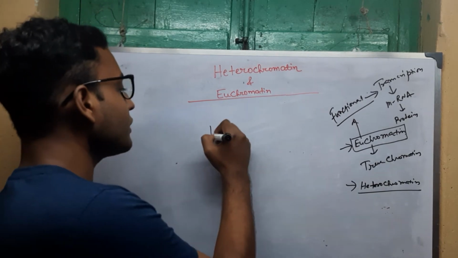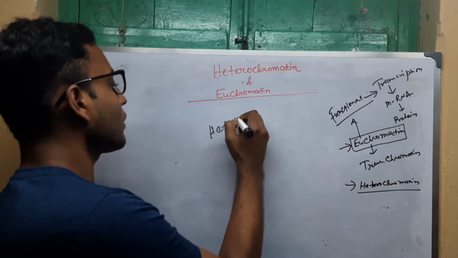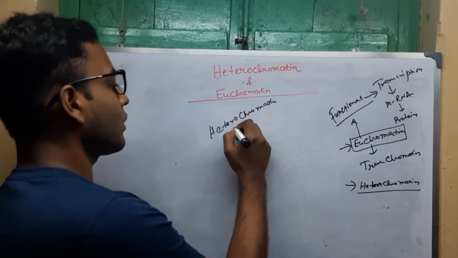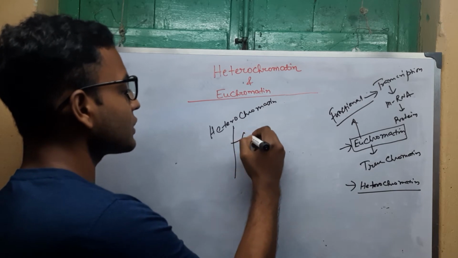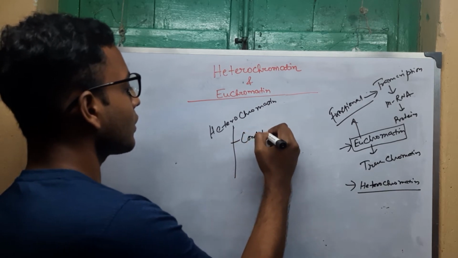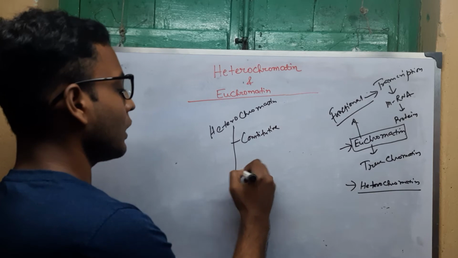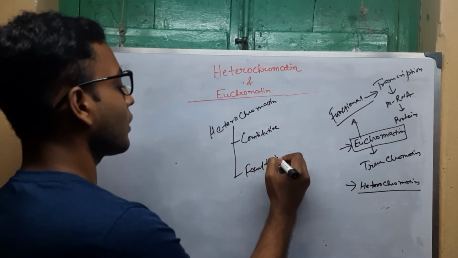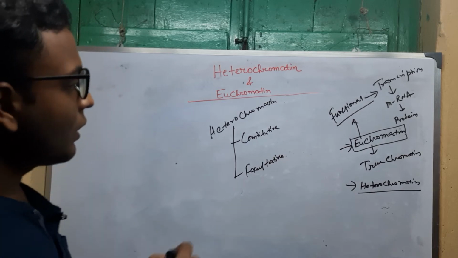The heterochromatin portion can be divided into two parts, constitutive and facultative.